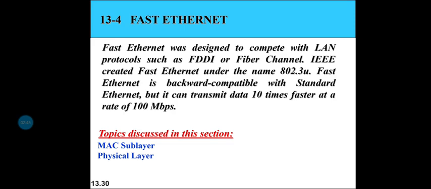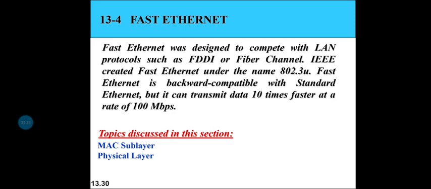In the half duplex approach, we had an access method like CSMA/CD, and for full duplex fast Ethernet, there is no need for CSMA/CD. In implementation, it remains the same as it was in the MAC sublayer of standard Ethernet.